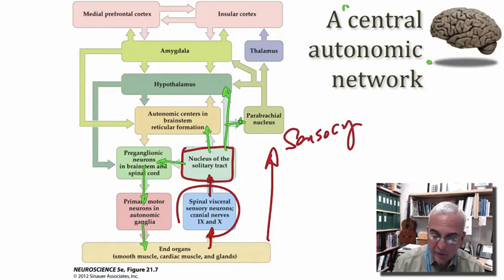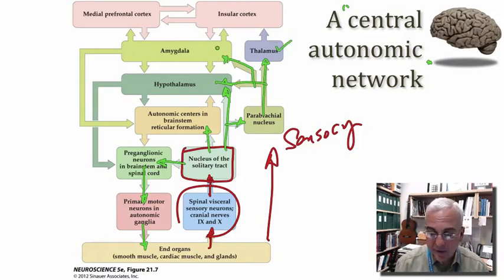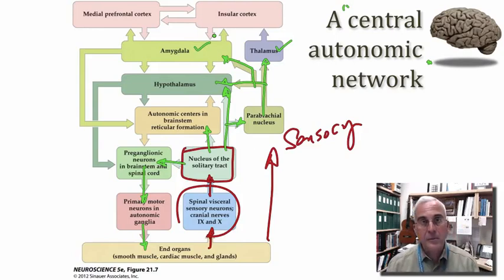Well, this parabrachial nucleus then sends input to the medial parts of the thalamus, to the hypothalamus, and to the amygdala. And once this information has access to the thalamus and the amygdala, now it can be distributed more broadly to the ventral and medial aspects of the prefrontal cortex.